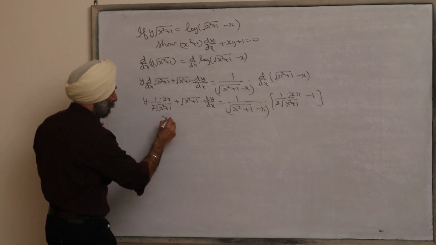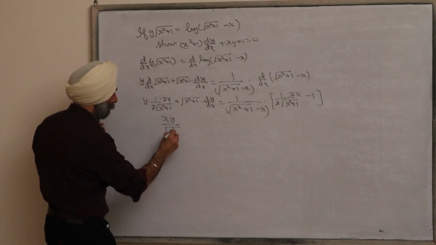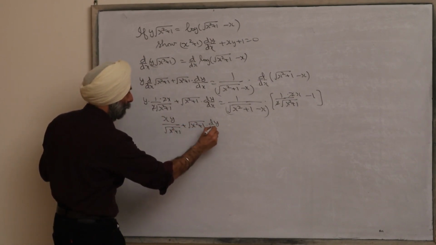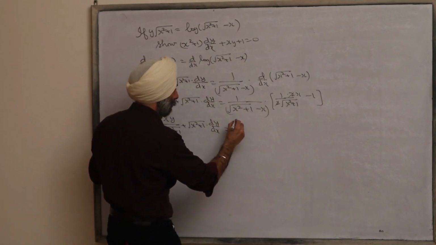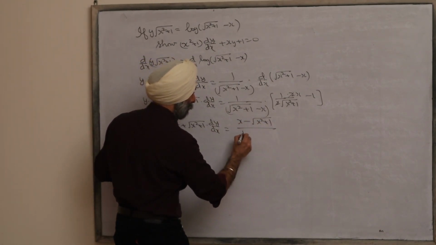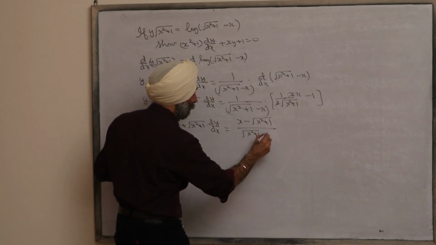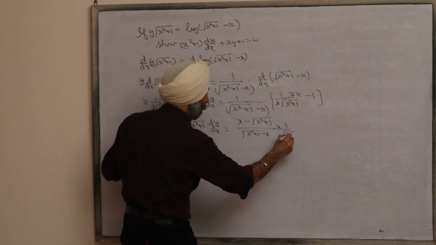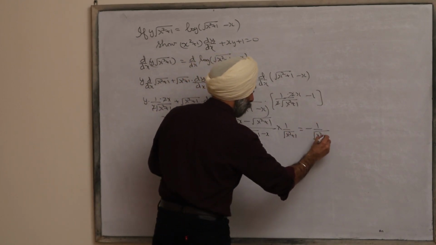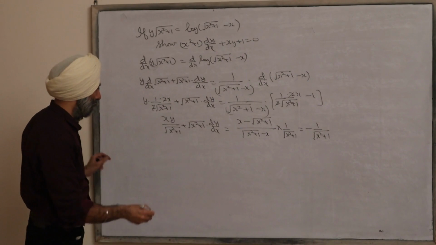So what is that? It is xy over under root of x² plus 1 plus under root of x² plus 1 into dy over dx is equal to (x minus under root of x² plus 1) upon (under root of x² plus 1 minus x) into 1 over under root of x² plus 1. Can this be written as minus 1 over under root of x² plus 1?